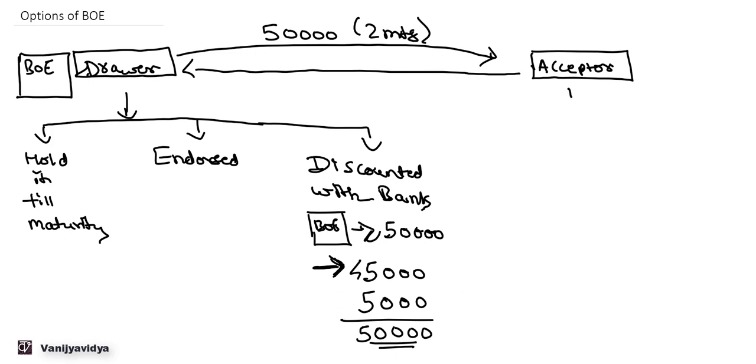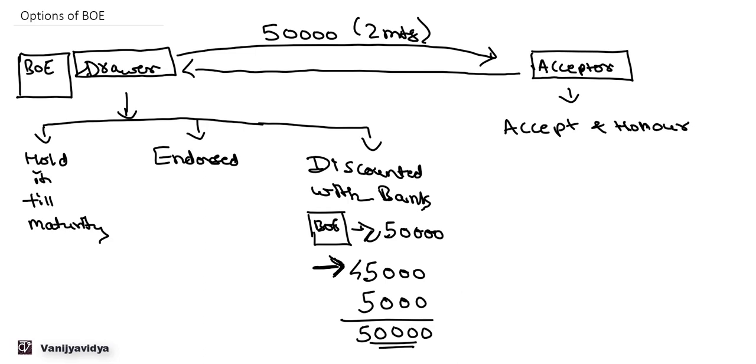Now on the due date, the acceptor might accept the bill, which is also known as honoring the bill. When it is presented for payment, he will just accept it and honor the bill. Honoring the bill means he has made the payment for the bill.